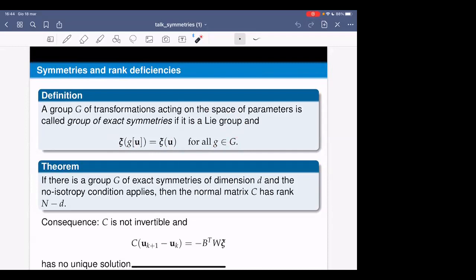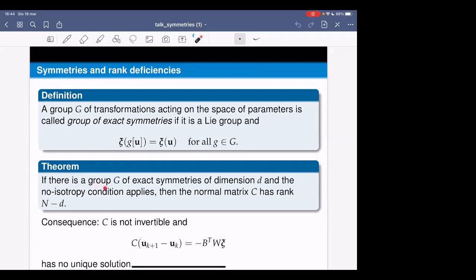Imagine this group as the rotations in the example that I showed before. Now there is a theorem, which I will not prove, but it is very important.